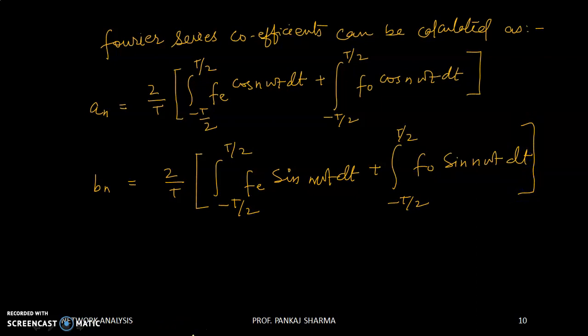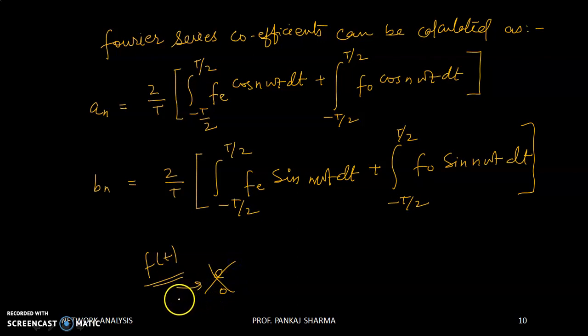So this is the complete Fourier series coefficients for function f(t), which was initially not clear whether it was even or odd.